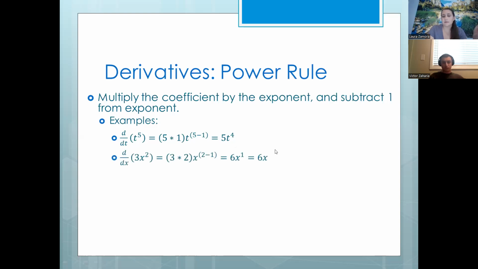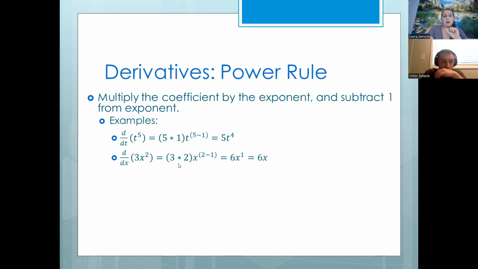Like in this case. Okay, so here we're going to take the derivative of this expression, 3x squared. But this time, if you look at our problem statement, the variable that we're interested in is now x instead of t. That's convenient because the only variable in this problem is x anyway. But we apply the same rule.